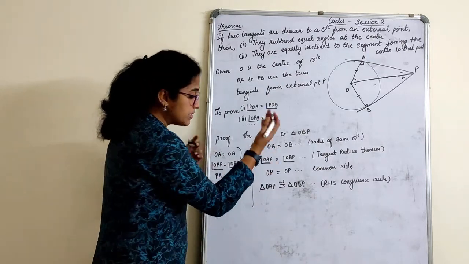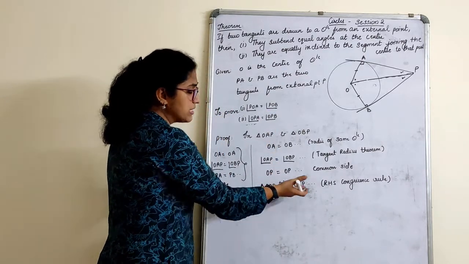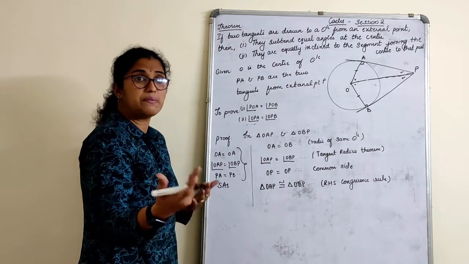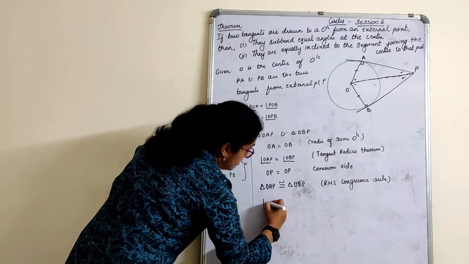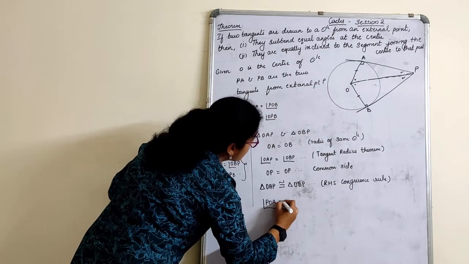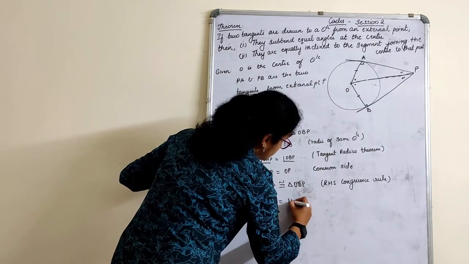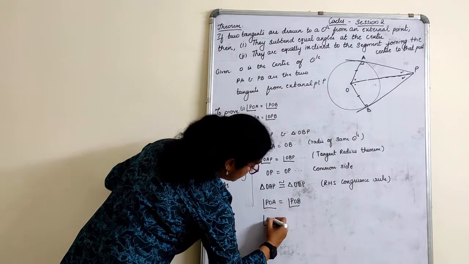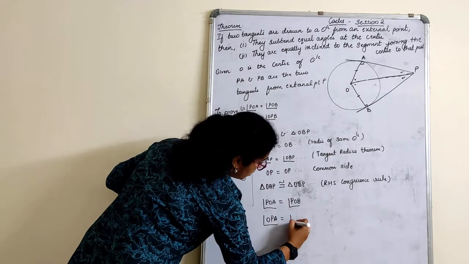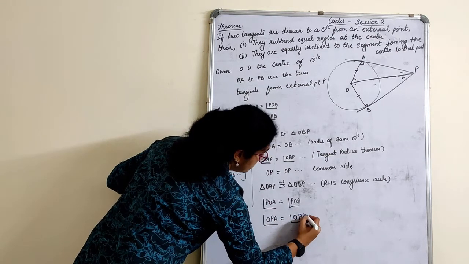Now comes the CPCT part. We know that when triangles are equal and congruent, CPCT angles and CPCT sides are equal. Write whatever is asked. Angle POA is equal to angle POB. Another angle, OPA, is equal to angle OPB.